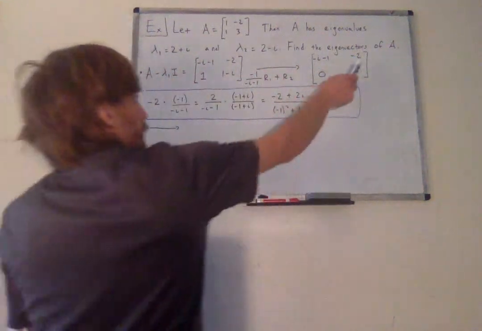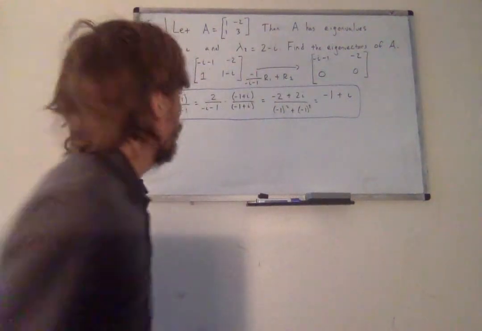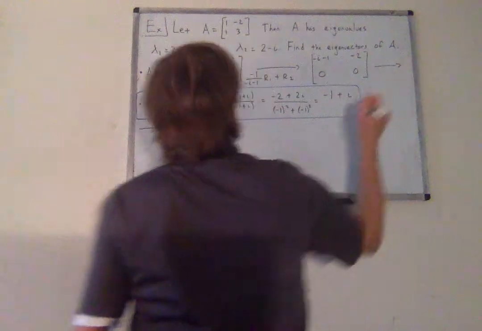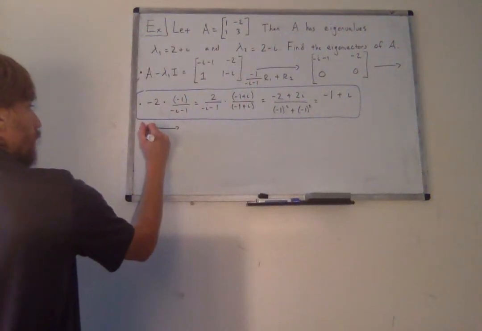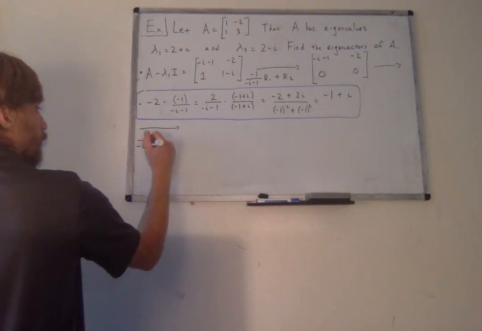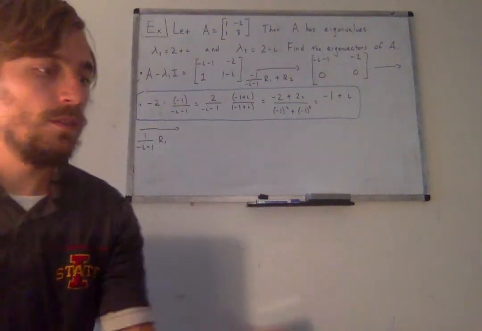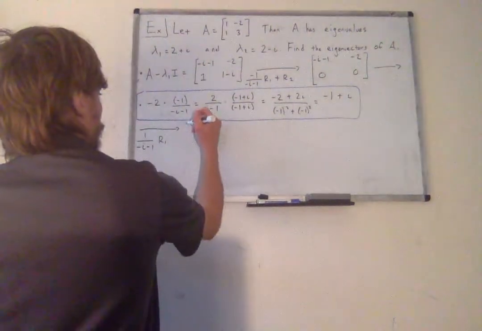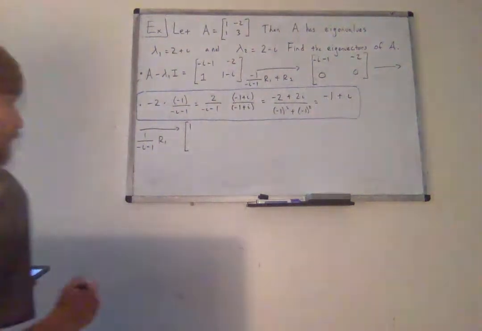Now we're continuing the row reduction of this matrix down here. I want to turn that first entry into a 1, so I'm going to multiply row 1 by 1 over negative i minus 1. Notice again, that immediately turns this entry into a 1.